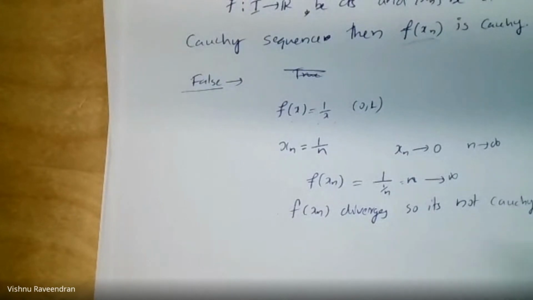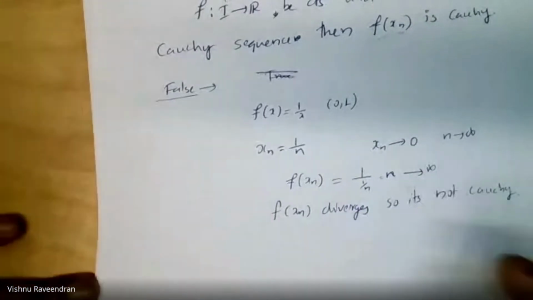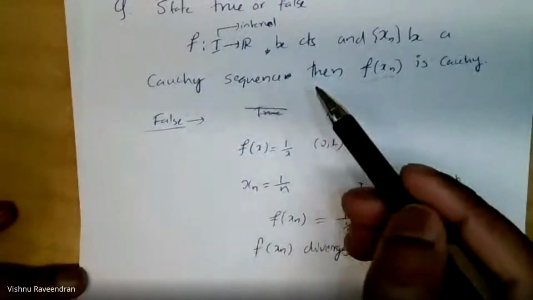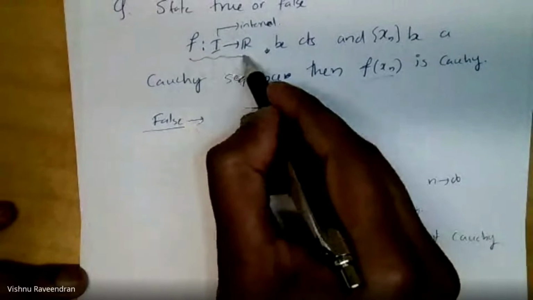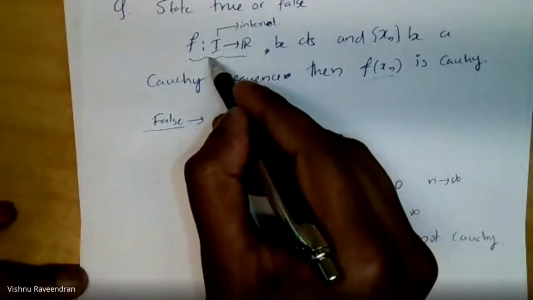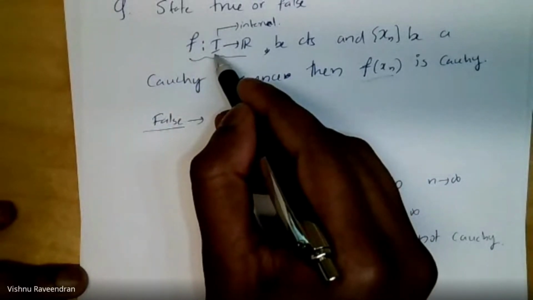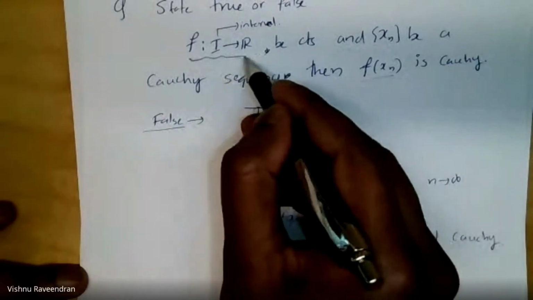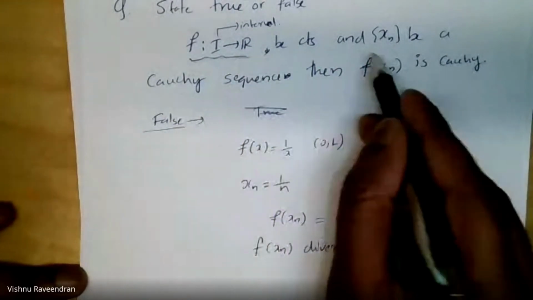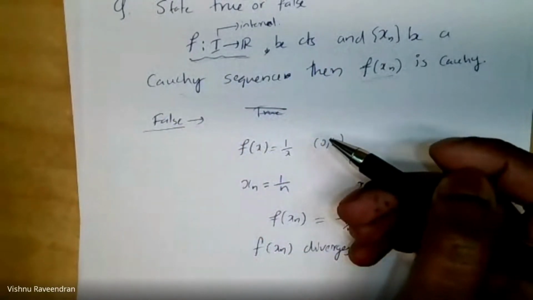Any questions? Or I can ask some other questions. How can you make some changes in the structure of the function or the domain so that the statement is true? A closed interval, exactly.